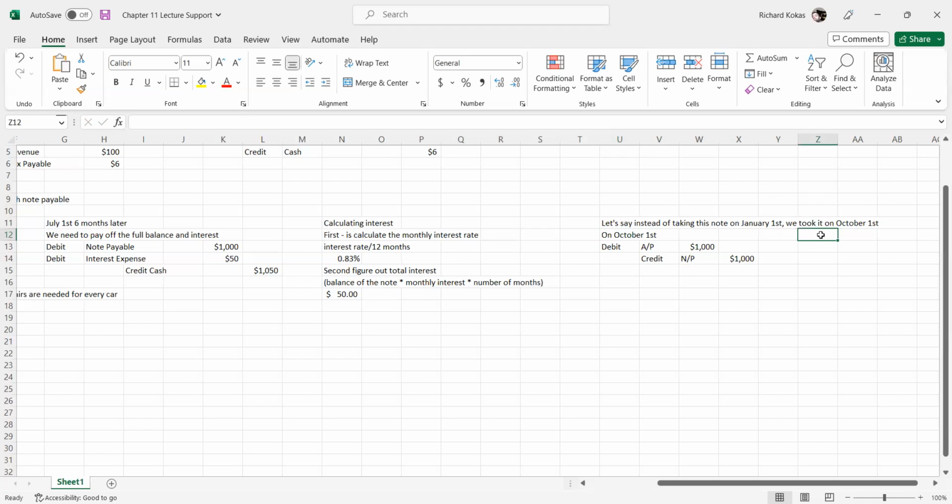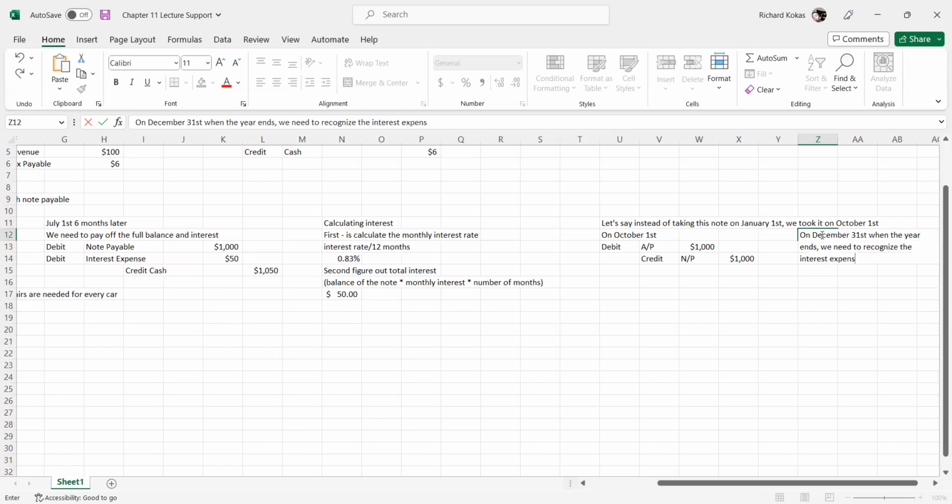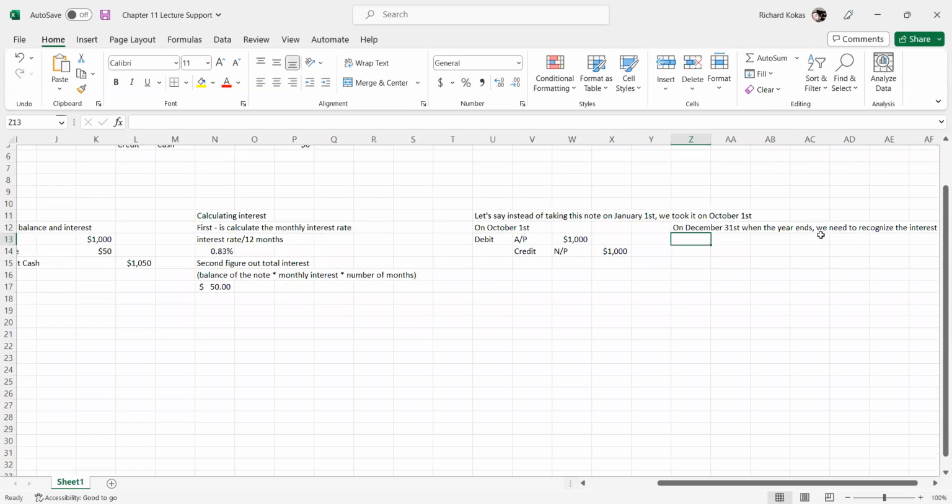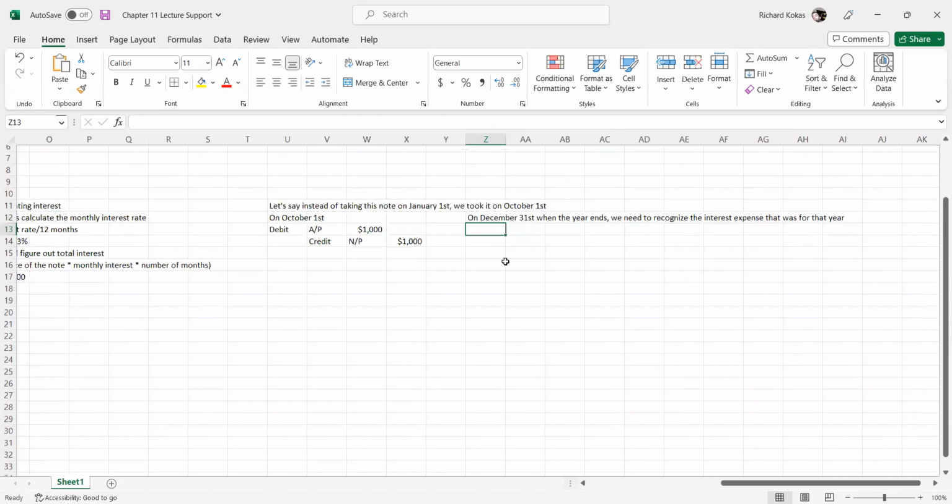But the year ends on December 31st. So on December 31st, when the year ends, we need to recognize the interest expense that was for that year. Part of the interest, for half the time we held this note, was in another year.